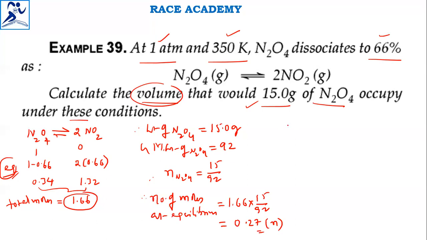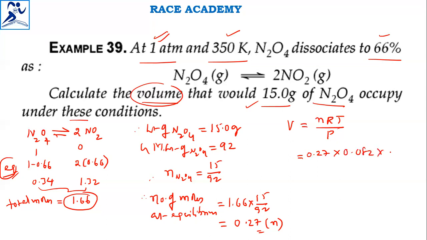If you assume this is an ideal gas, then what is the ideal gas expression? PV equals nRT. So what is V? V equals nRT by P. The pressure in the question is given as 1, so there is no doubt in this. The n value we have calculated is 0.27. The R value is 0.082.